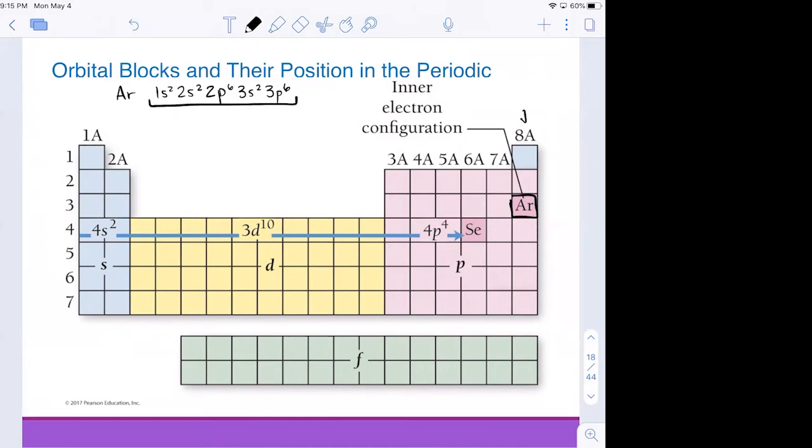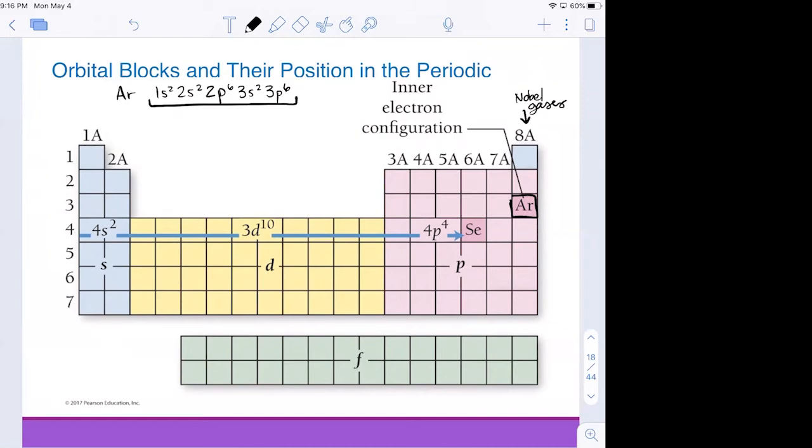Why the noble gases are so inert, why they don't react, is because there's a completeness in their orbitals. They all end on a p6 filled orbital.